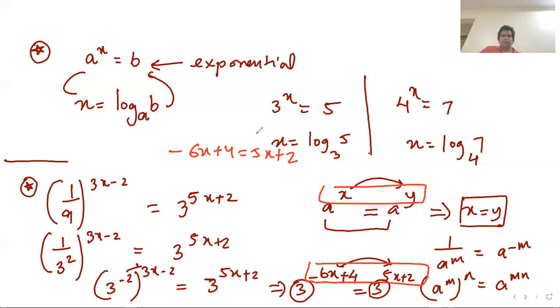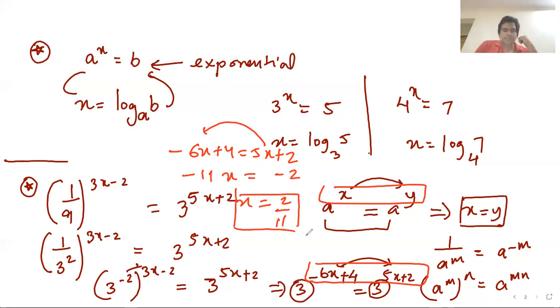You collect the x terms together. So negative 11x is negative 2. So you get x is 2 over 11. So this is just a warm-up question on basic properties of exponents, or you can say the general understanding of exponential concepts.